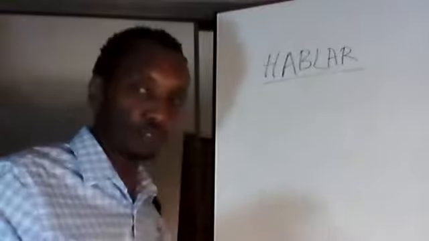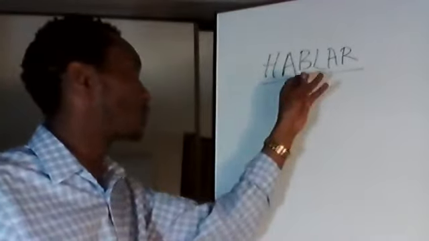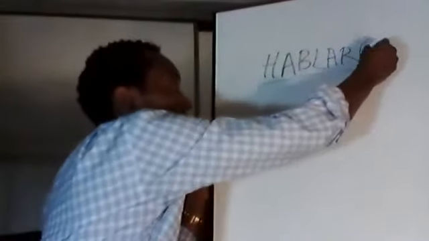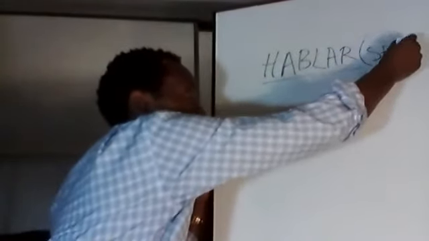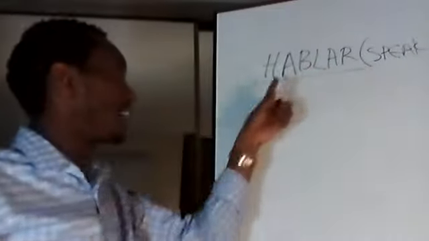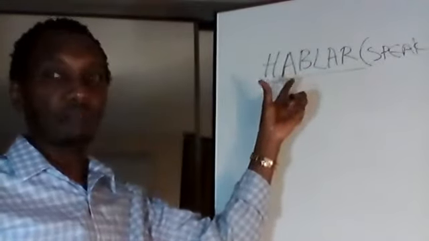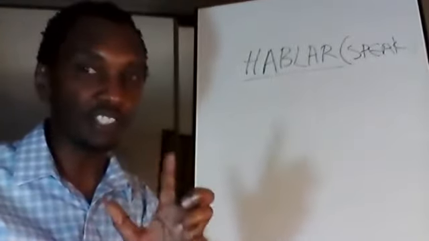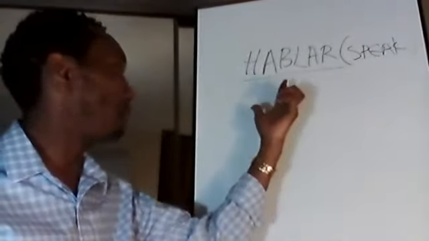I wasn't able to cover everything in the Spanish alphabet, but hablar means to speak. And you almost hear like I'm not pronouncing the H, because H in Spanish is silent, so it's going to be pronounced hablar.